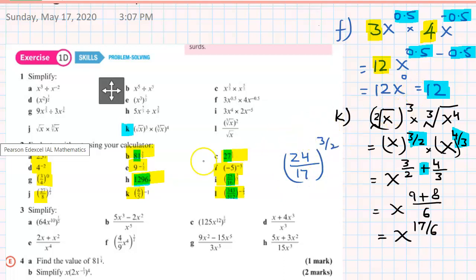These are either the square of a number, cube of a number, fourth power of a number, or fifth power. You cannot find a question like 80 to the power 1 over 2, because there is no number whose square is 80. There is a number whose square is 81, that is 9. That's how these questions are made.